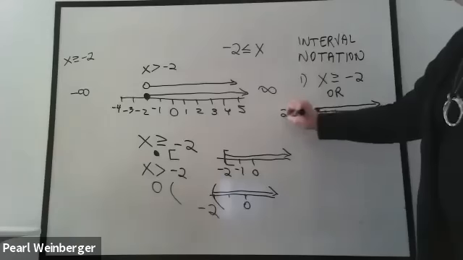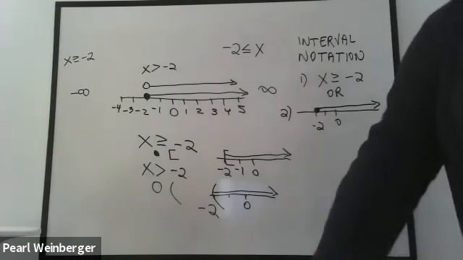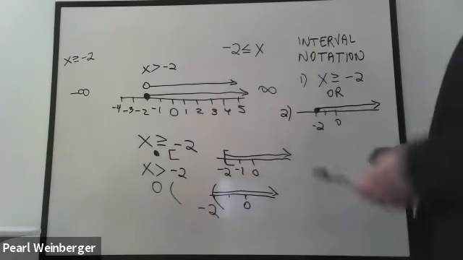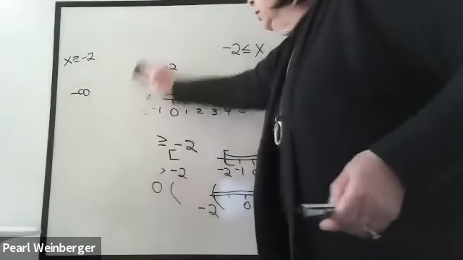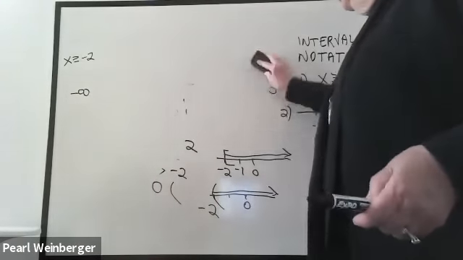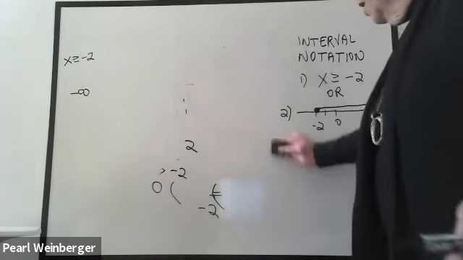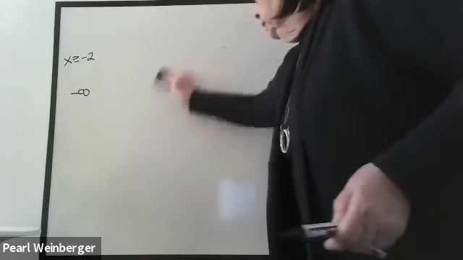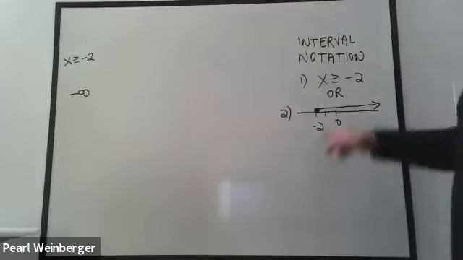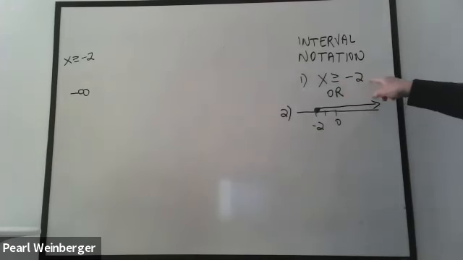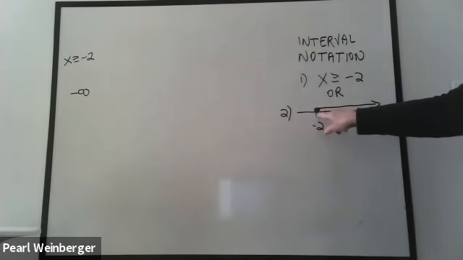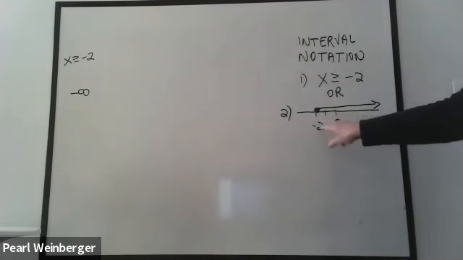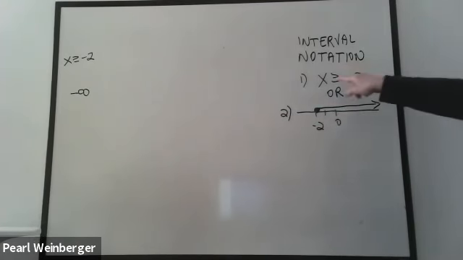Our second way of writing our inequality is by the number line, which is what we just indicated over here. I'm going to erase this because I really need the board. So for example, if we're doing x greater than or equal to -2, then on our number line, we put a full circle at -2 and an arrow going to the right.